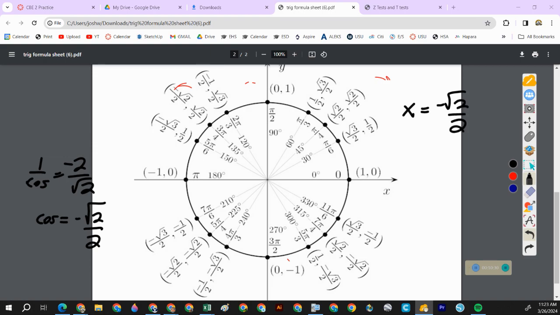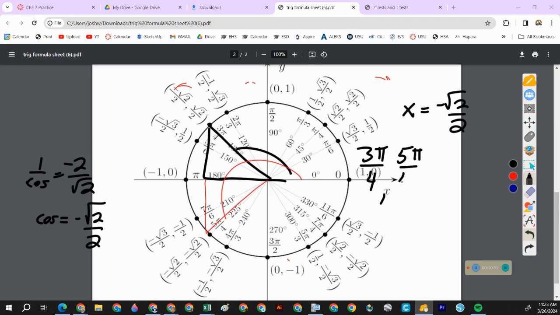So that would be in quadrant 2 and in quadrant 3. So the answer is 3 pi over 4. That's the one that's in quadrant 2. And then 5 pi over 4. That's the one in quadrant 3.